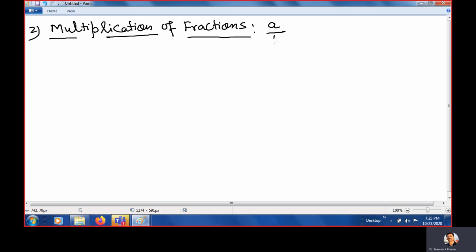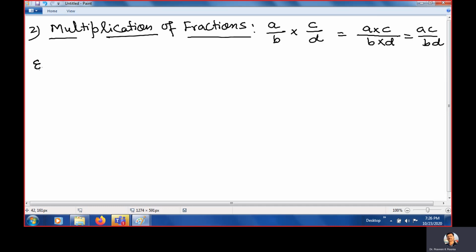If we have one fraction a upon b and another fraction c upon d, and we need to multiply them, you need to multiply numerator by numerator and b by d. That is ac upon bd.